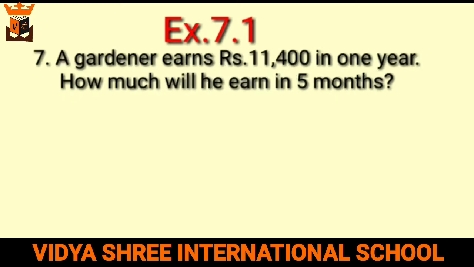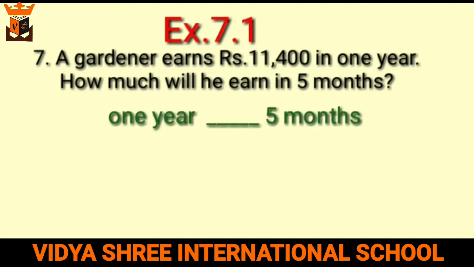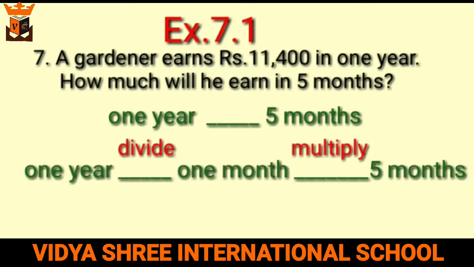Question number 7 is, a gardener earns rupees 11,400 in 1 year. How much will he earn in 5 months? So it is given for 1 year and we have to find for 5 months. First of all, we will find for 1 month and then easily we can find out for 5 months.